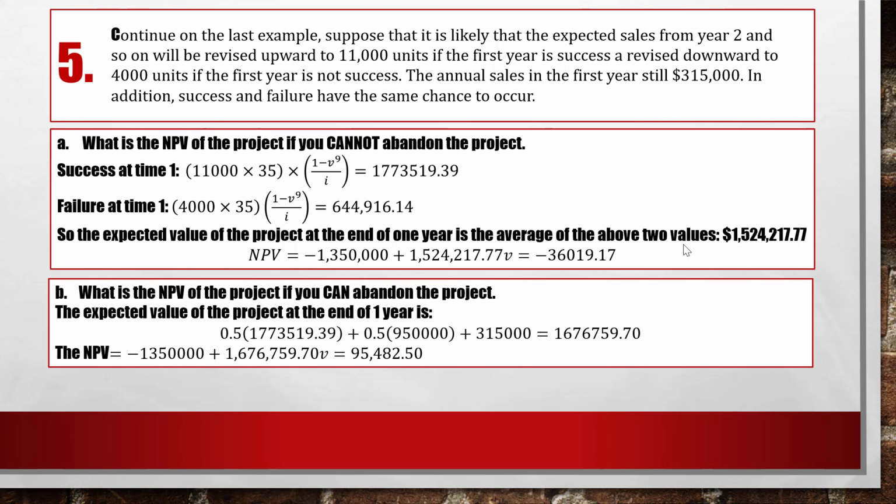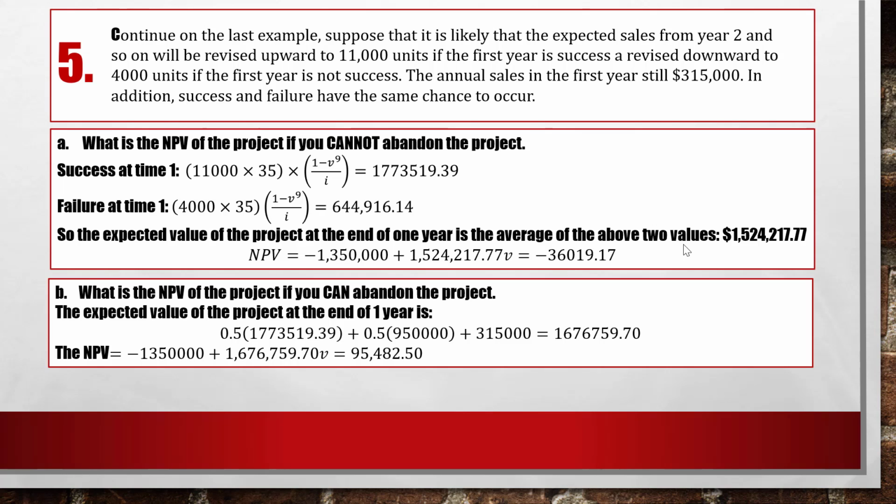Now, what is the net present value of the project if you can abandon the project? So here, if you can abandon the project, that means you can sell the project to get 950,000. So if you continue and it's a success, you get 1,773,519. But if you abandon the project, you get 950,000. So you have two choices here, and they have the same chance of occurring.